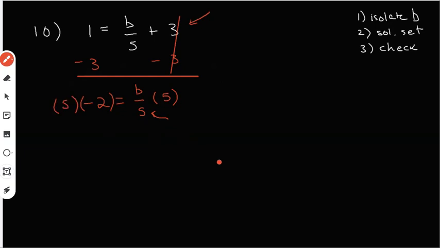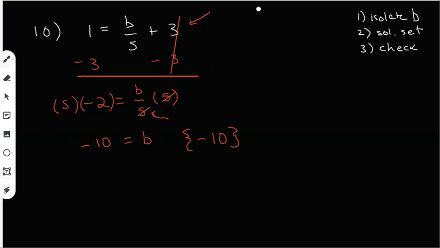Okay, so we're multiplying both sides by 5. The 5s are going to cancel out on the right side, leaving me with b is equal to what? 5 times negative 2. That's going to give me negative 10. So that's what's going to be inside of my solution set, negative 10.